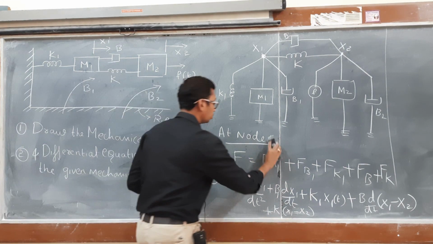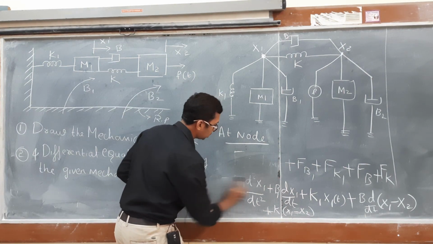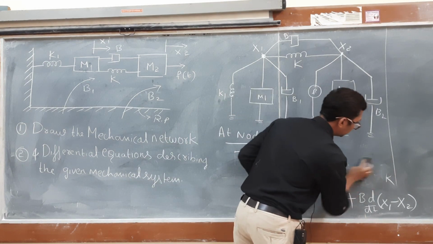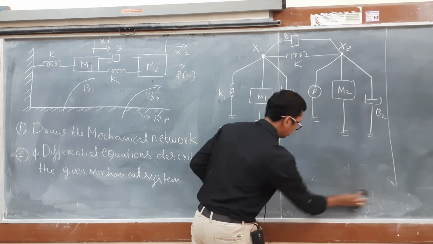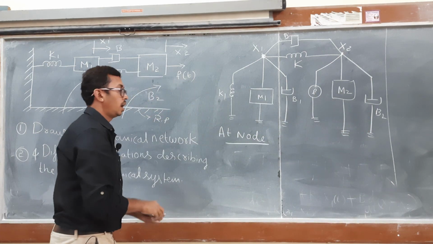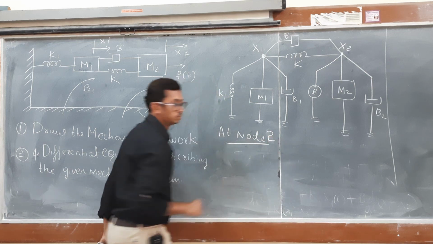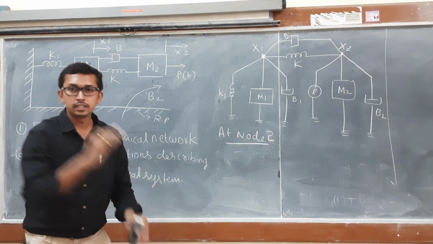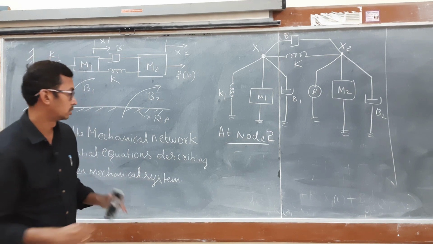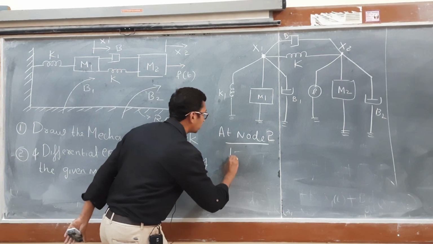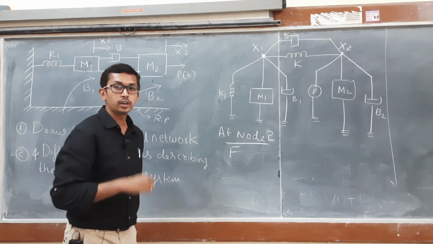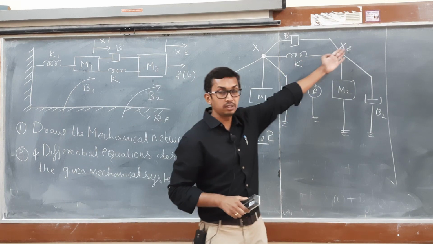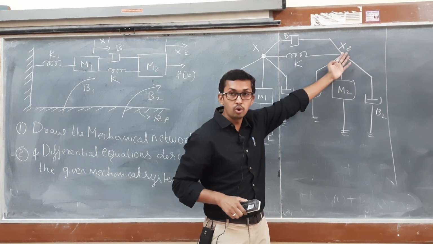Now I am going to explain with respect to node 2. Just I am going to erase this. At node 2, applied force is equal to the opposing force. What is the applied force? F is the applied force. What is the opposing force? What are the things related to node 2?